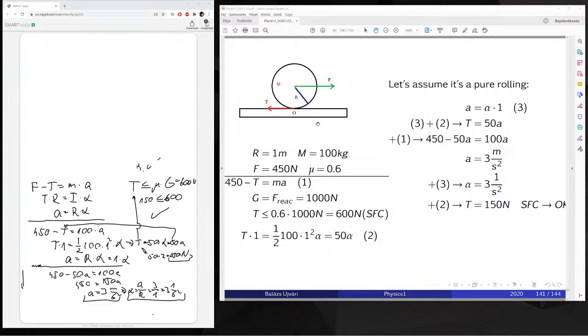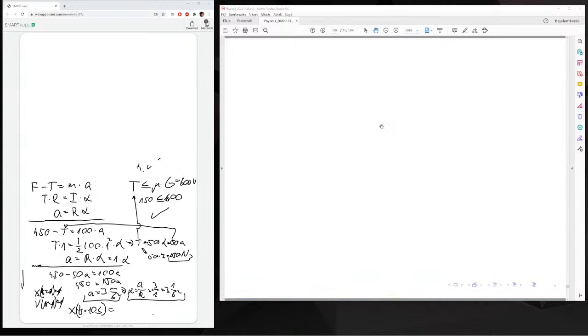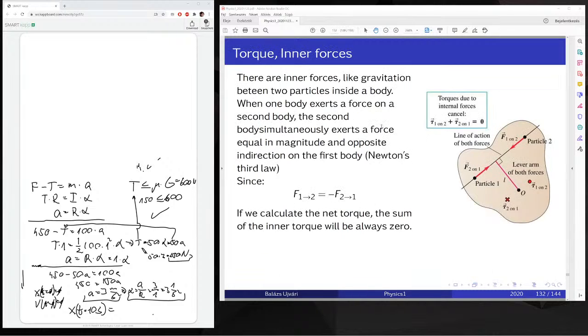Let's answer some questions. For example, if x at t equals 0 is 0 and v at t equals 0 is 0, where is the body at 10 seconds? I give you alpha, the angular acceleration.